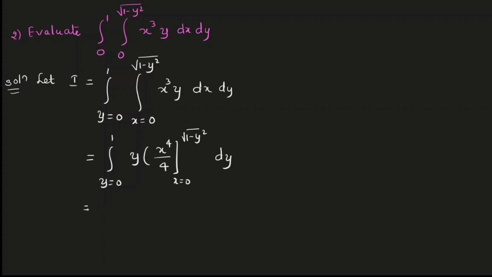Now when you apply the limits, y equal to 0 to 1, we will take 1 by 4 outside, x raised to 4, with root 1 minus y square as your x. Upper limit minus lower limit, the lower limit being 0, into dy.